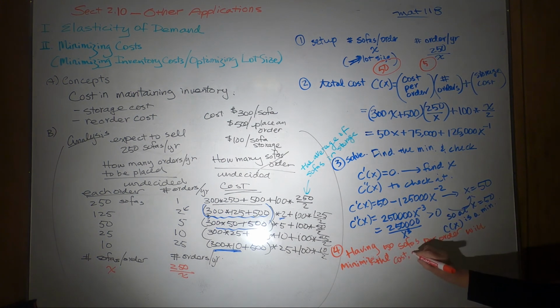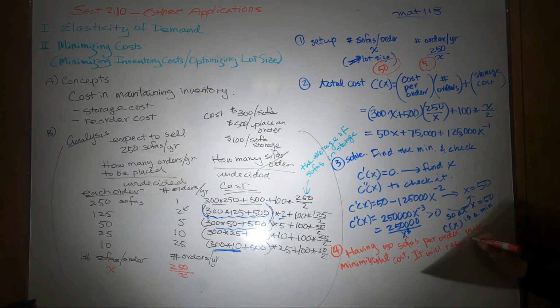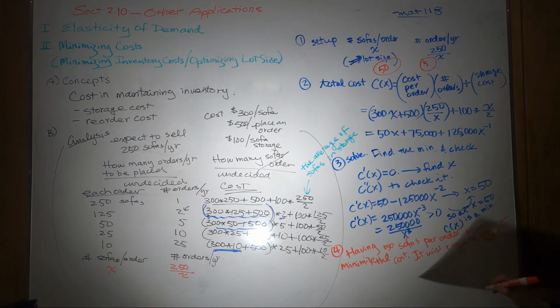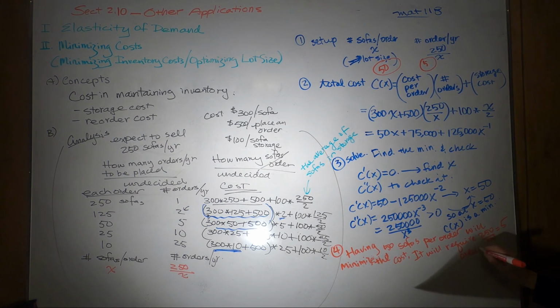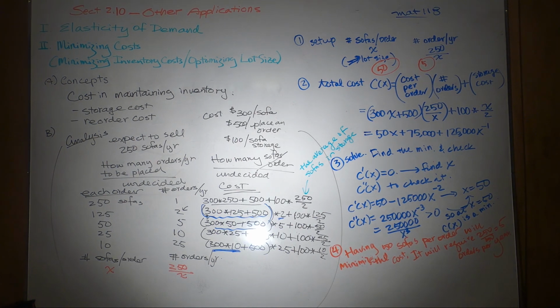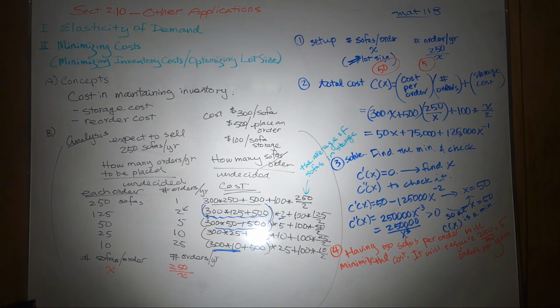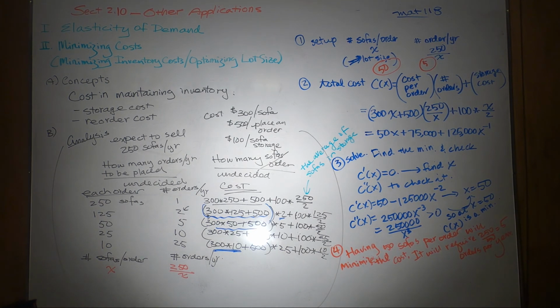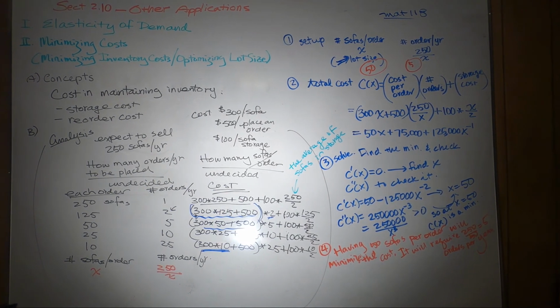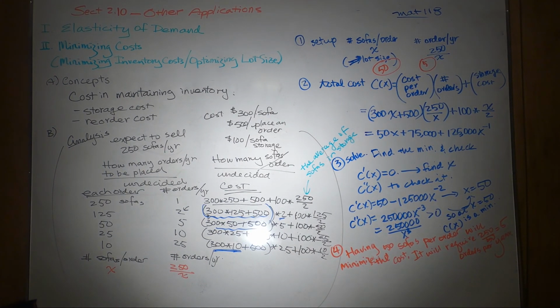So it will require how many times? 250 divided by 50, 5 times. 5 orders per year. Is that right? Not too bad, right? So this one is more straightforward than other applications we have.